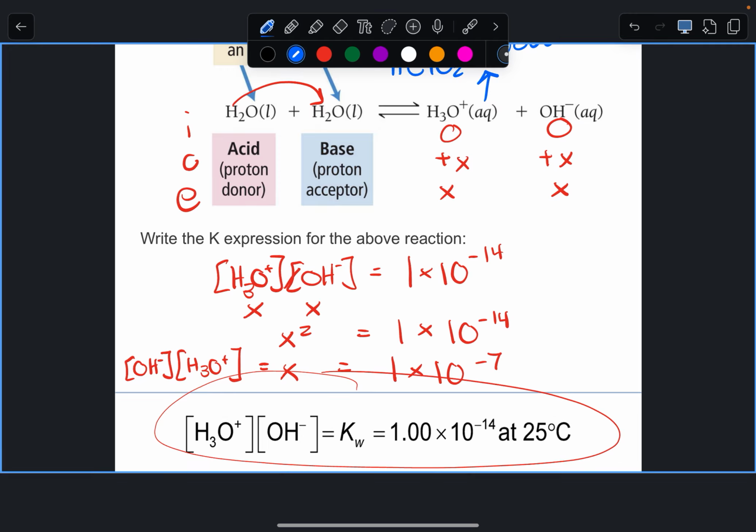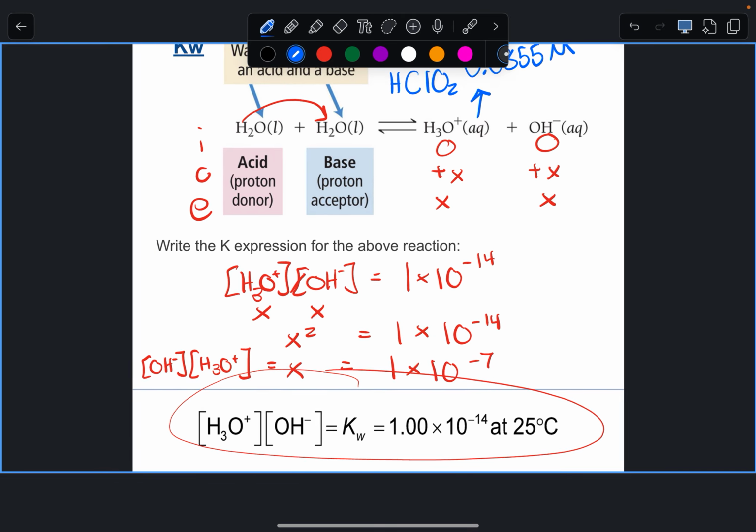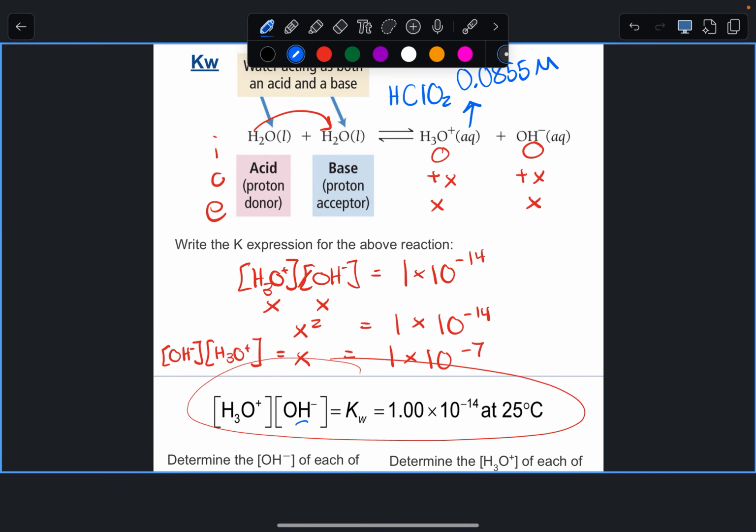So I want you to use that value, the 0.0855, and tell me what the OH minus is now if the H3O+ is 0.0855. We know it went down. It's got to be less than 1 times 10 to the negative 7 because the product of the two always has to be 1 times 10 to the negative 14. So do that math and figure out the OH minus concentration.